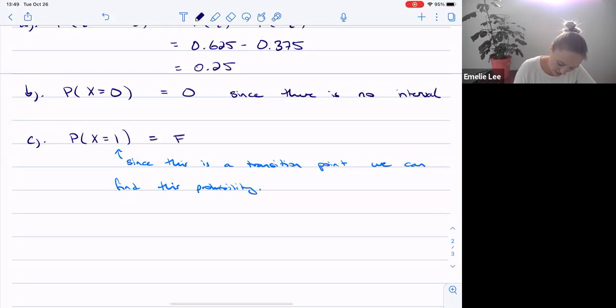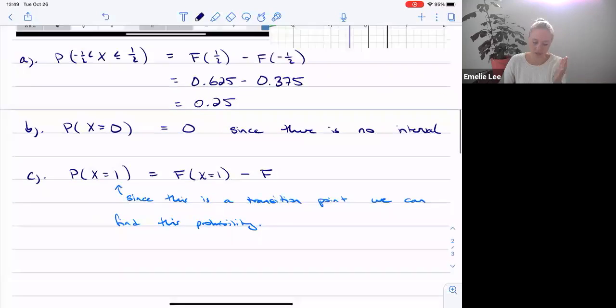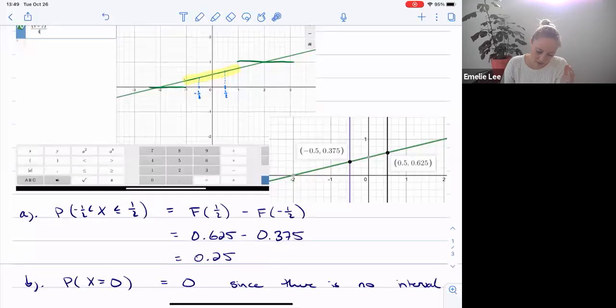I think of it as f at x equals 1, and then minus the left endpoint. So the probability of being at 1 is the jump, the distance from the line here at (x plus 2) over 4 up to 1. That distance is going to be the probability of being at 1.